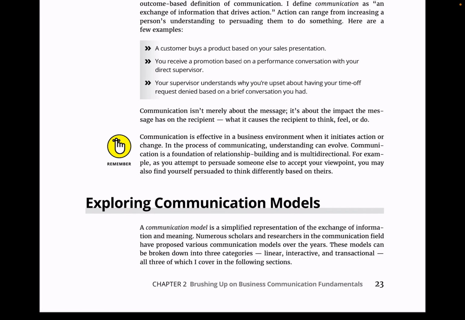We can see four elements here, starting with the sender, sending the message through a channel to the receiver.